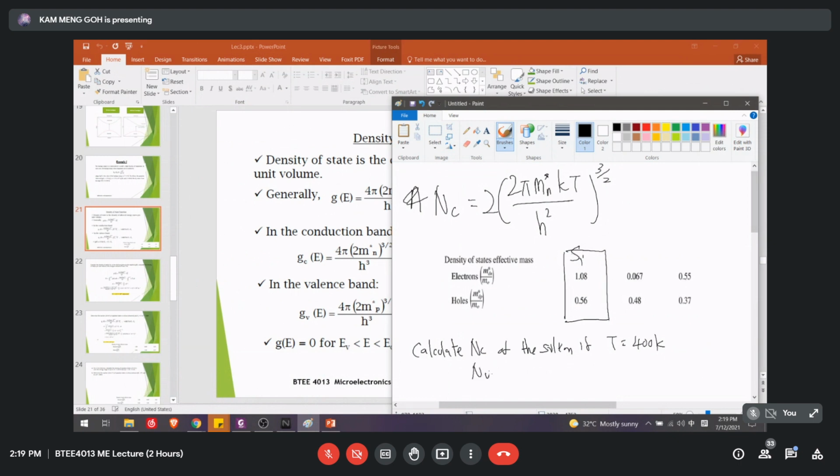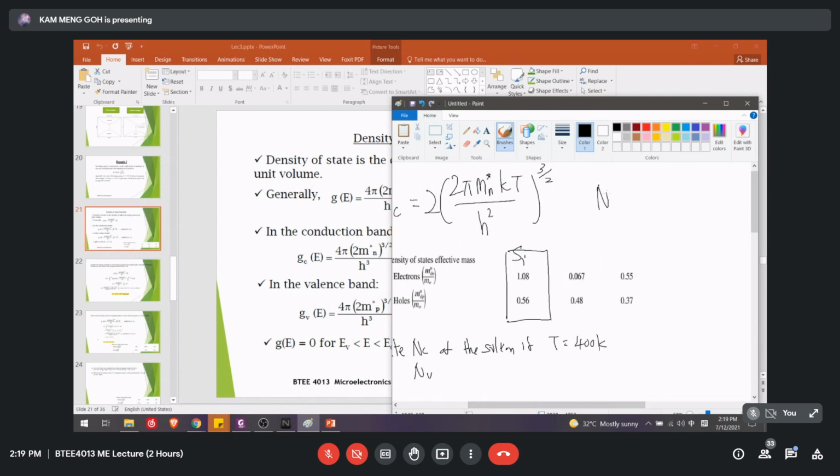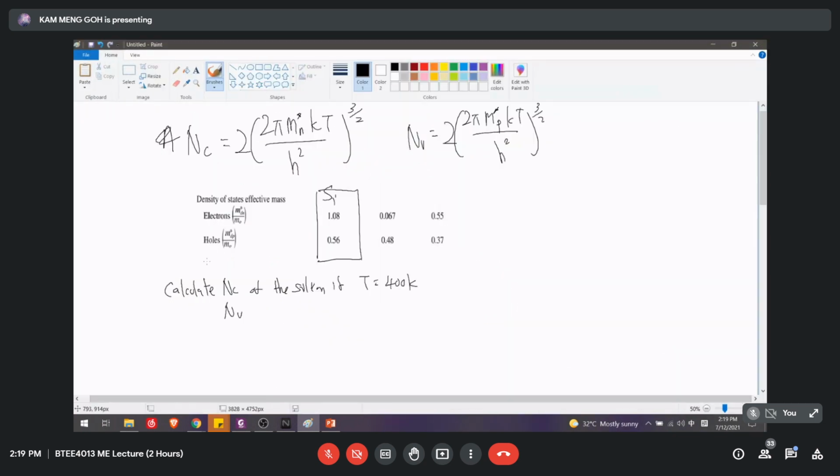Then second one is calculate the NV. So when you're calculating the NV, your formula should be 2 pi m_p asterisk kT over h squared, to the power of 3/2. So second part is calculate the NV of the silicon if T equals to 400K.